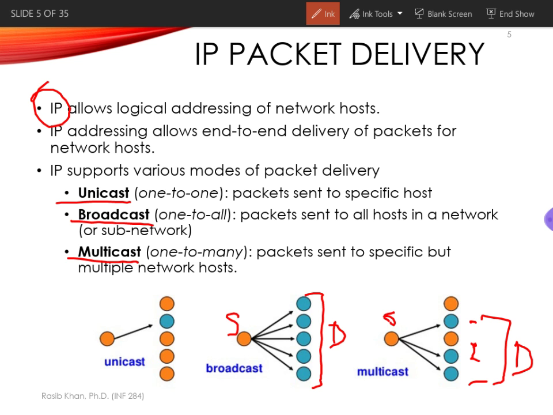A very common example for this would be, for example, IPTV, where the single source is, let's say, Netflix, and there are multiple subscribers who are receiving that same broadcast.